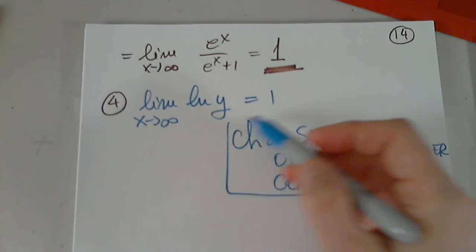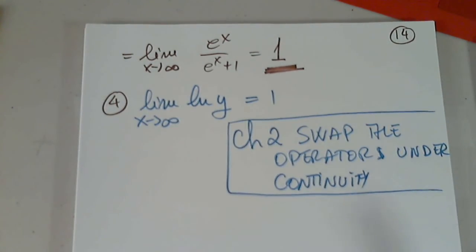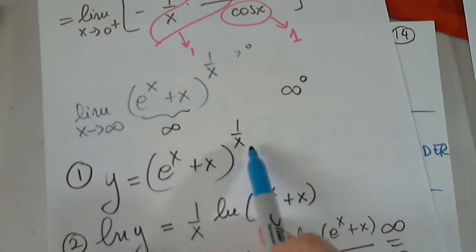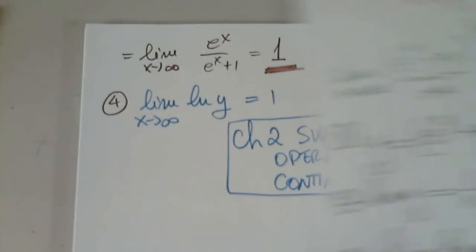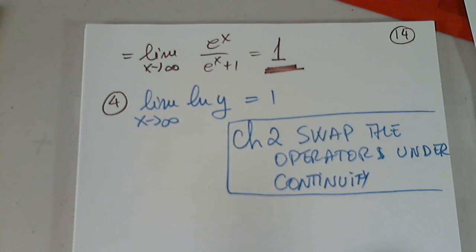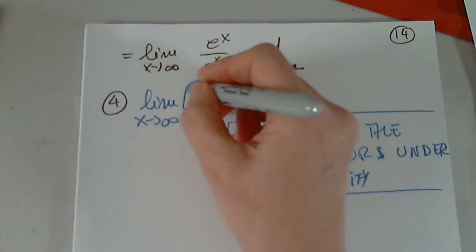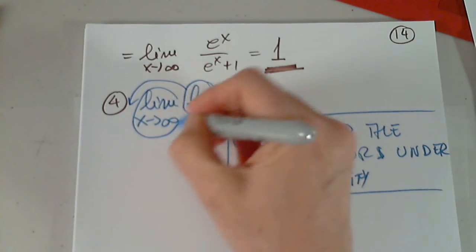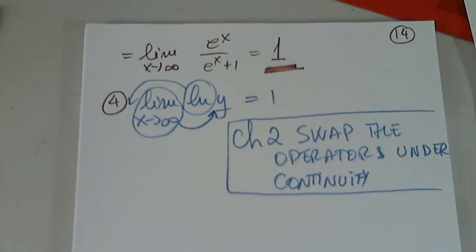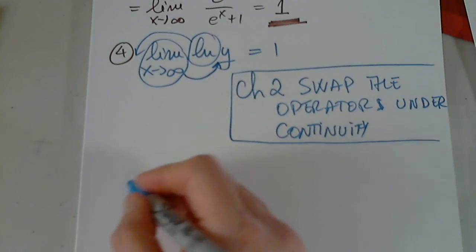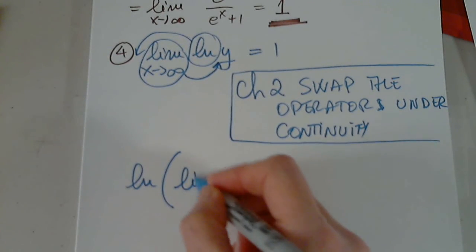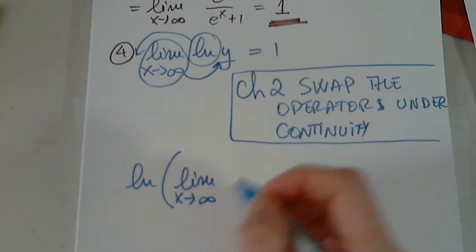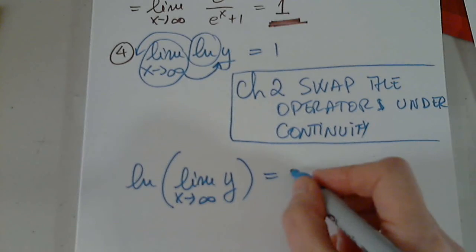Yes, everything is continuous. e to the x plus x to 1 over x is continuous. Okay, so then I am going to swap the operators. So I swap the operators. Natural log of the limit as x approaches infinity from y is 1.